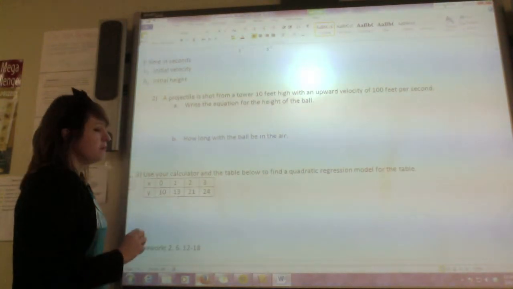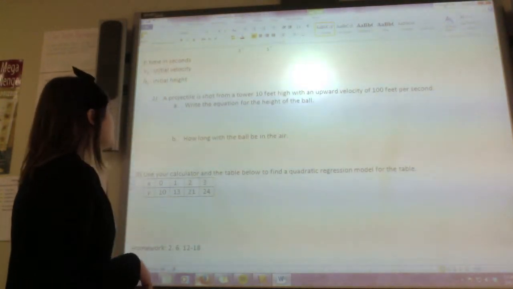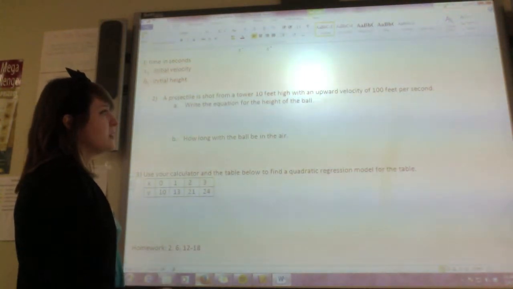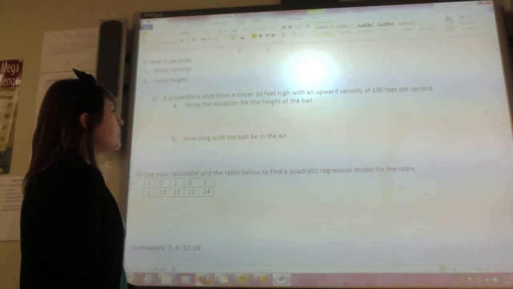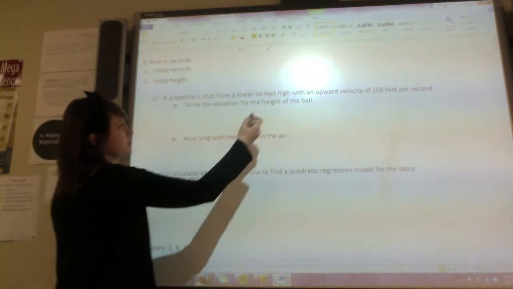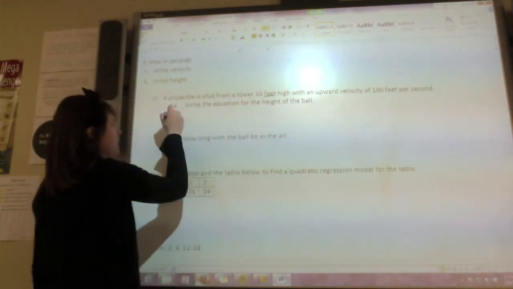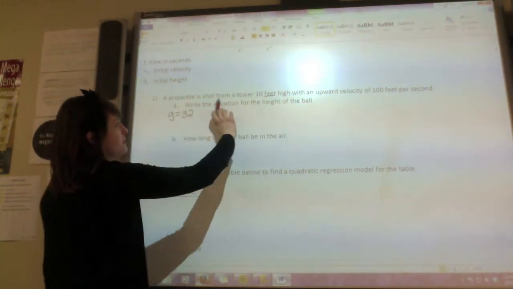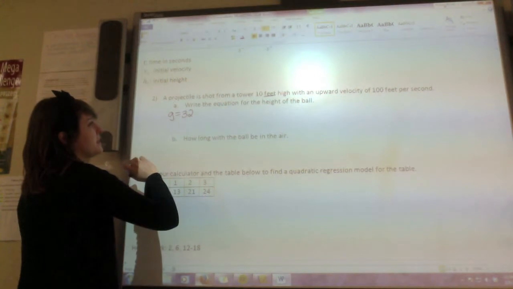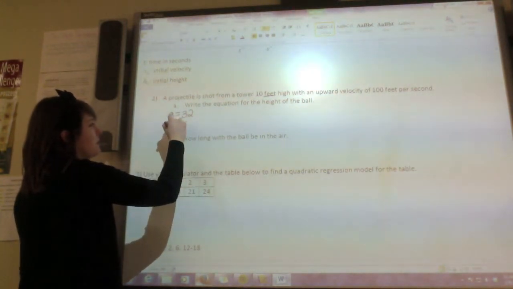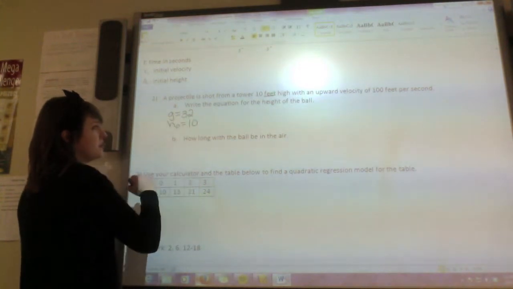So knowing that, let's try this problem here. So a projectile is shot from a tower 10 feet high with an upward velocity of 100 feet per second. We want to write an equation for the height of the ball. So first thing I notice is that this is in feet, so that means that my g is going to be 32. I'm shooting from a tower that's 10 feet high, so I know that my initial height is going to be 10.